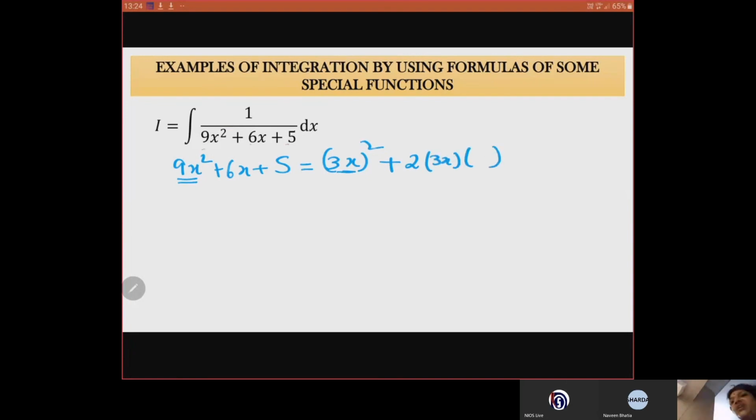Now what should b be so that I get 6x? 2 into 3x is 6x, so b should be 1. Now we add and subtract b square, that is, I add 1 square and subtract 1 square plus 5.